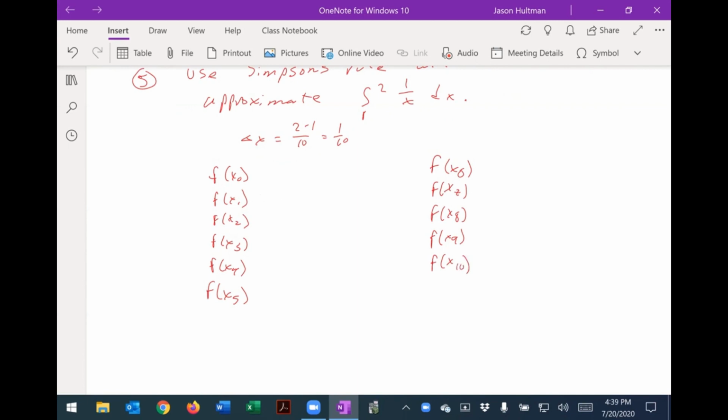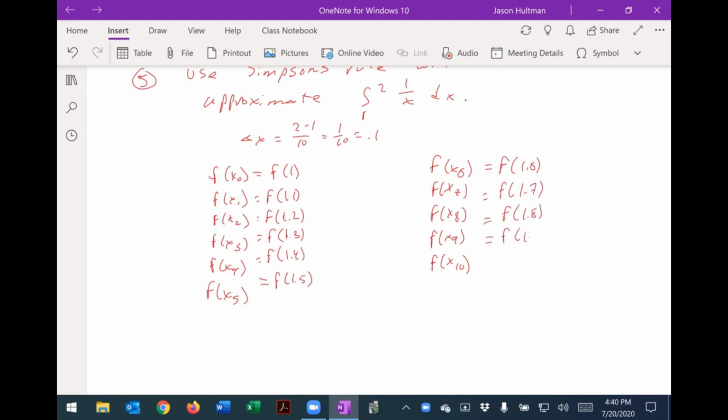So what's this going to be? This is going to be f of 1, right? And then we're going to go up by 0.1s. This is going to be f of 1.1, f of 1.2, f of 1.3, f of 1.4, f of 1.5, f of 1.6, f of 1.7, f of 1.8, f of 1.9, and f of 2.0.